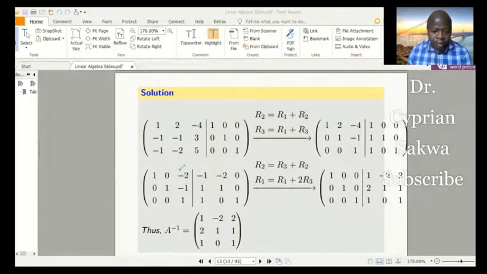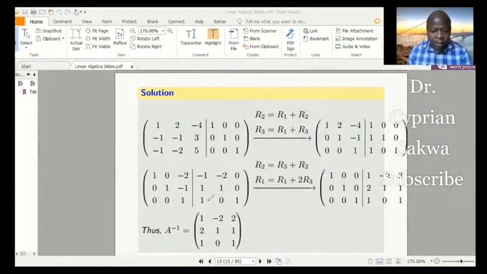What about here? To get a 0 here, we require row 1 plus 2 row 3. This element plus 2 times this gives us a 0 there. So that's what I did.